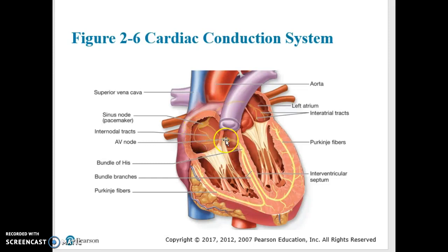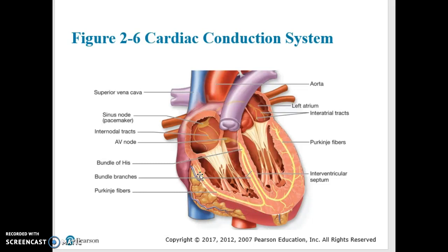Step 5, it hits the AV node, where it puts on the brakes for just a second, so the atrium will have that split second to go into rest. And then it'll travel down the bundle of His, which separates into the right and the left bundle branches, which are right here. And then it goes out into the Purkinje fibers, which are embedded in the muscles of the ventricles, and then it's released into the ventricles and causes the ventricles to contract.